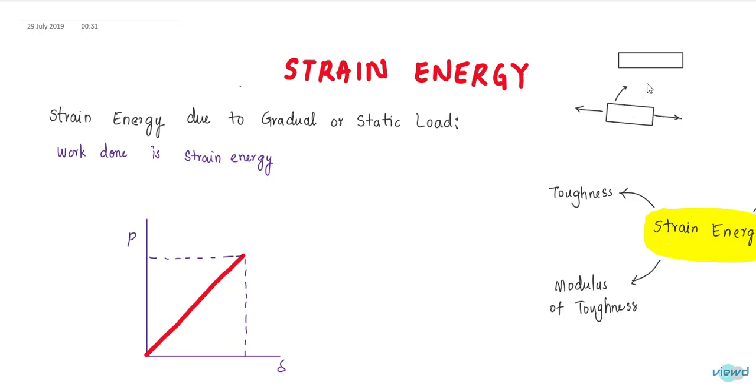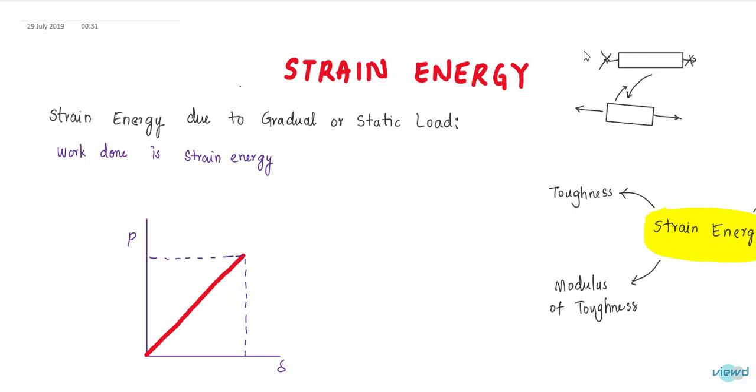So I am applying this force, and the final size and shape of the body is this one. After the removal of load, if I remove this applied load, it will again return to this shape and size. So how does it return to its shape and size?